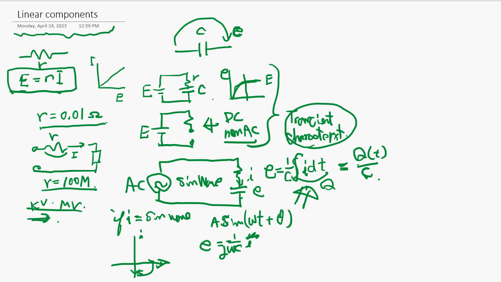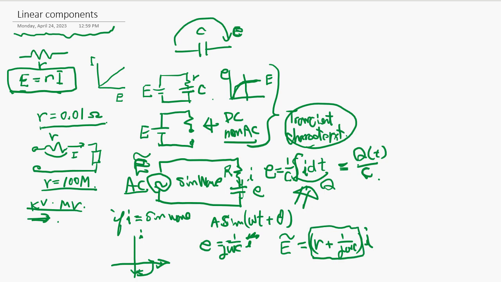And I is the current flowing, and if I is flowing through R too, then the total for this AC is R plus 1 over j omega C, times I. Okay, so this part is called impedance.